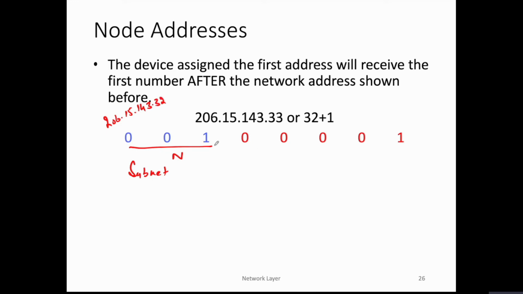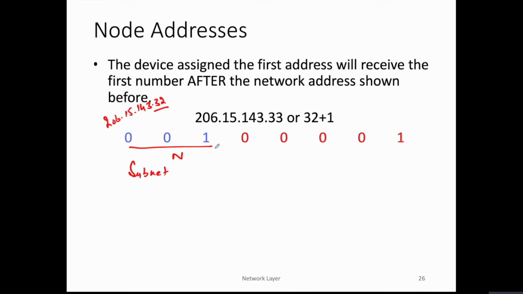I will not change the subnet bits, and I will change the values in the host portion. While calculating this address, all the bits in the host portion were 0. So now let me put the first combination here, 0, 0, 0, 0, 1, since 5 bits are there in the host portion.